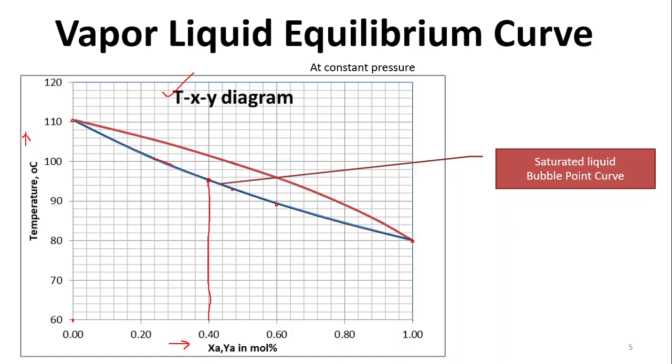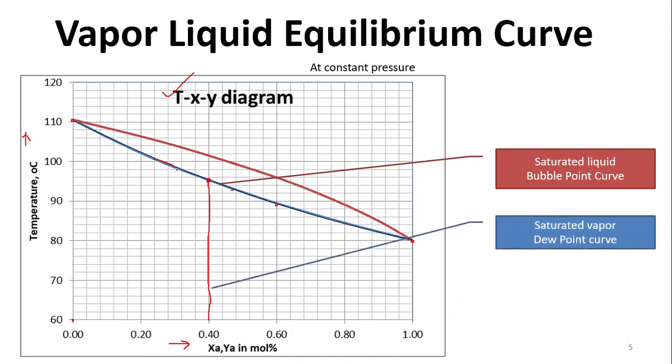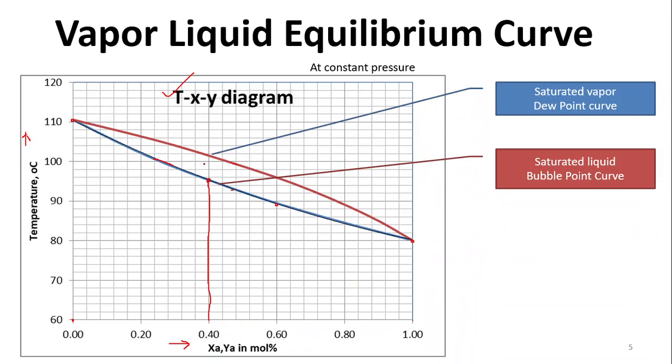But between these two ends there will be a composition, and for each and every composition you will observe two curves. One is the bubble point curve and the second is the dew point curve. The dew point curve is basically when the material is coming from the vapor phase to the liquid phase.